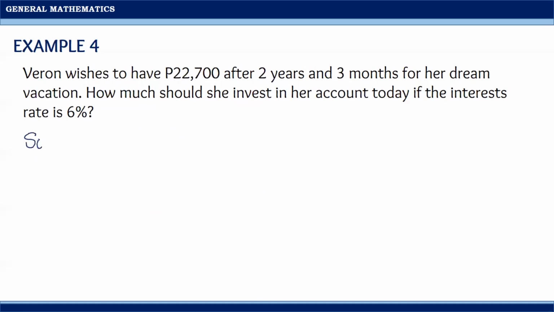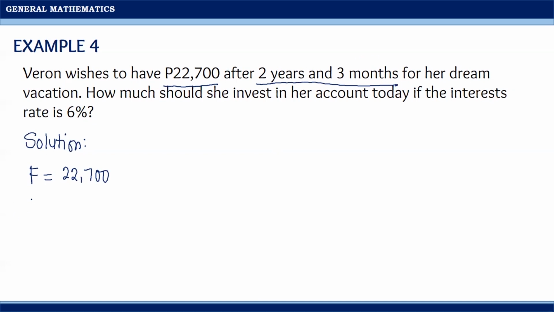Since we are looking for the value of the principal, what we need to do first is to list down all the given. Since Veron wishes to have 22,700 pesos, that is the value of F. So therefore, F equals 22,700. The time is given to be 2 years and 3 months, so here we need to convert 3 months into years.